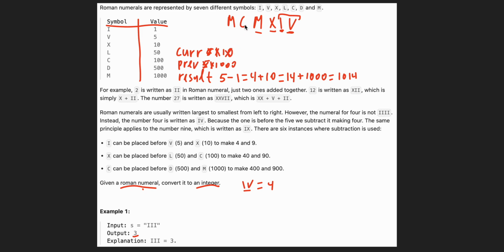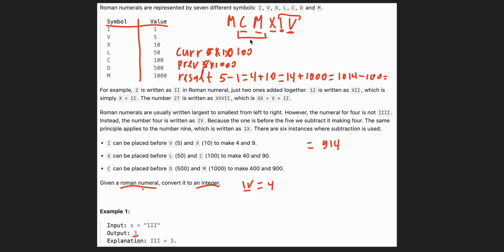Our previous now is 1000, and now let's go to the next one. Our current is C, which is 100, right? 100 is less than 1000, so what does it mean? It means that these two characters are actually not 1100, but 900. So minus 100, so it equals 914, correct?